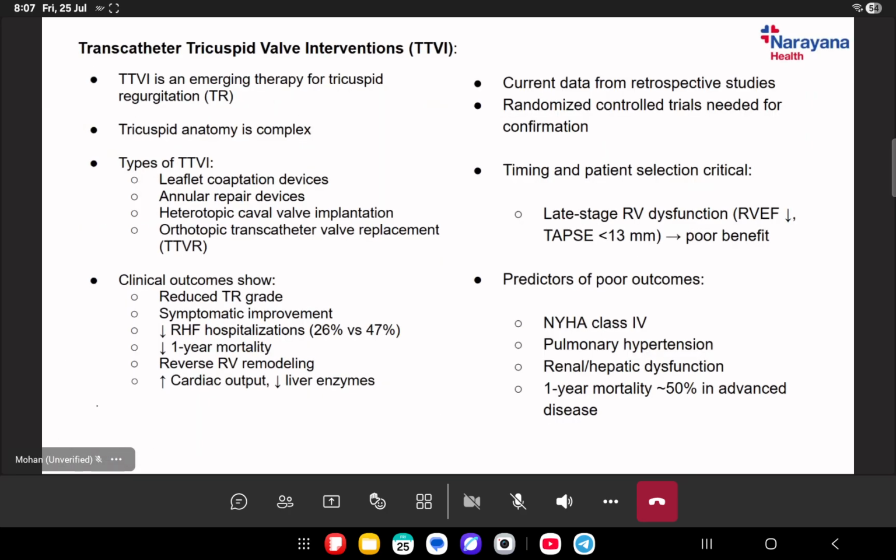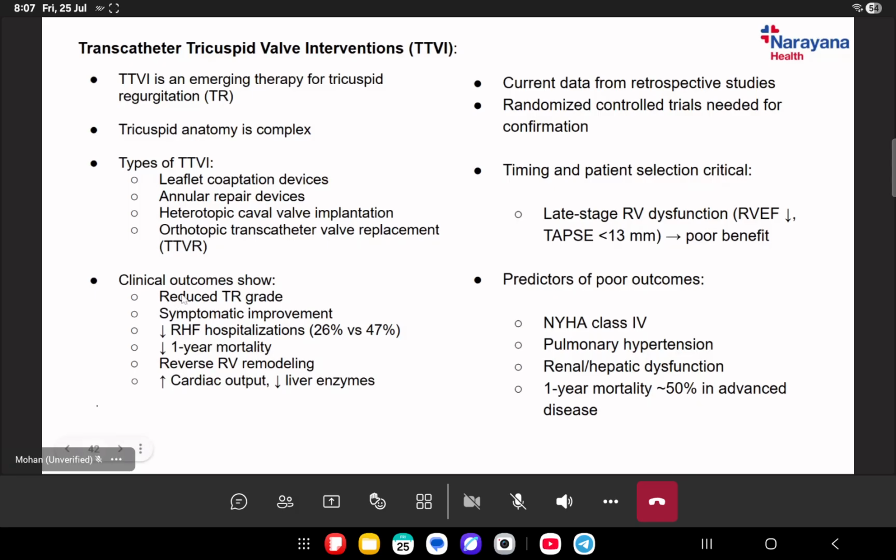Coming to transcatheter interventions. Transcatheter tricuspid valve interventions are emerging now. Types of transcatheter tricuspid valve interventions now available are leaflet coaptation devices like MitraClip and TriClip, annular repair devices, heterotopic caval valve implantation, and orthotopic transcatheter valve implantation (TTVR).